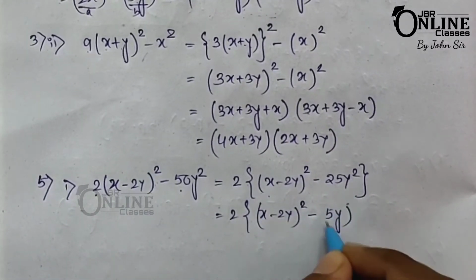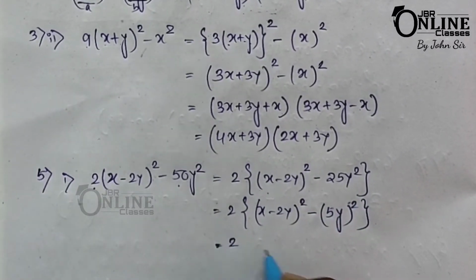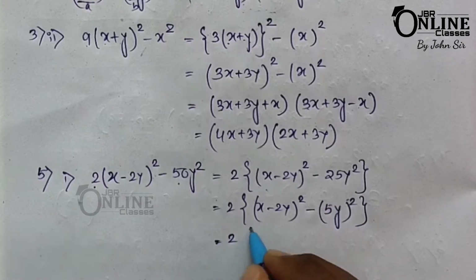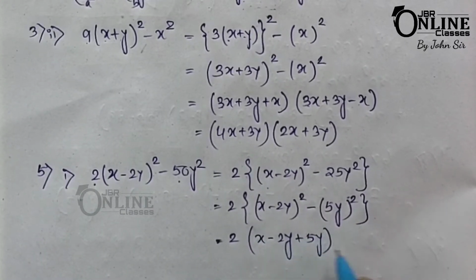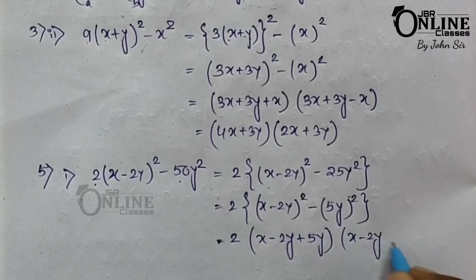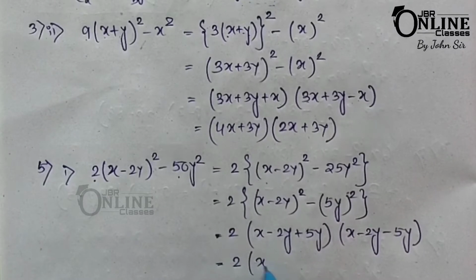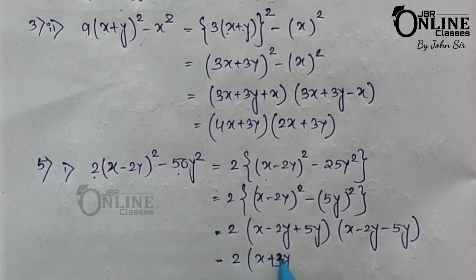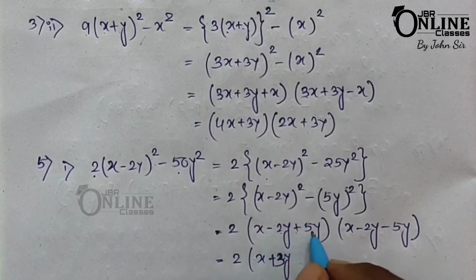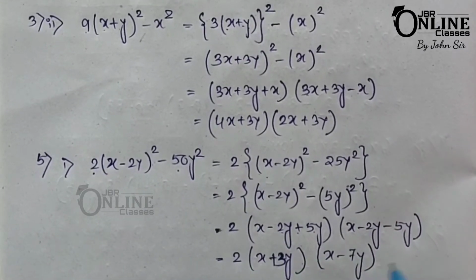So 5y square means (5y) whole square. You can write in this way. So here you can apply the formula a square minus b square. So the final answer will be (x minus 2y plus 5y) and then (x minus 2y minus 5y). So finally it will be 2 into (x plus 3y), as minus 2y plus 5y is plus 3y, and here (x minus 7y).